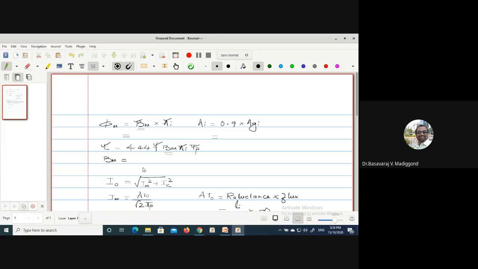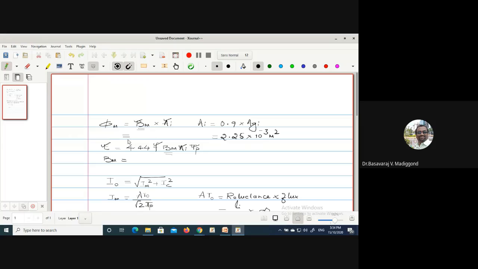Do one by one. First, calculate what is AI. So 2.25 into 10 raised to minus 3 meter square. Okay, that's fine.